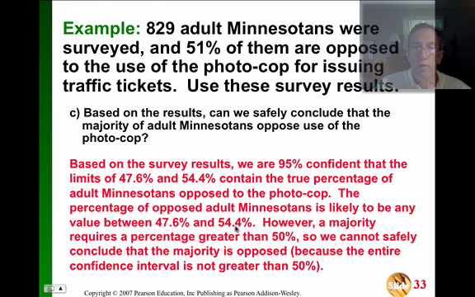In order for us to make the statement that the majority really are for or opposed to photocop, we would need a confidence interval that would range from, say, 0.51 up to 0.58, and that would mean that the bottom boundary is above 50%. So as long as it includes 50%, we really can't say the majority is opposed to photocop.